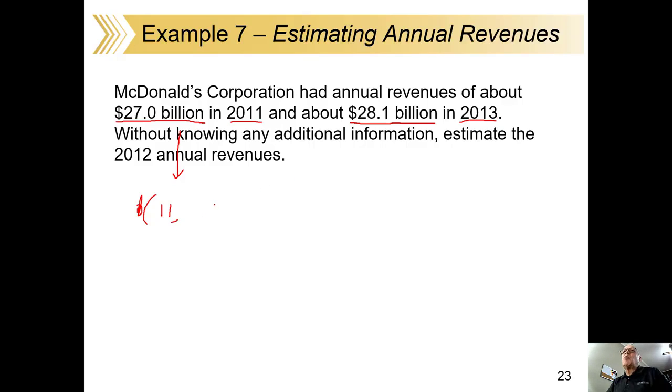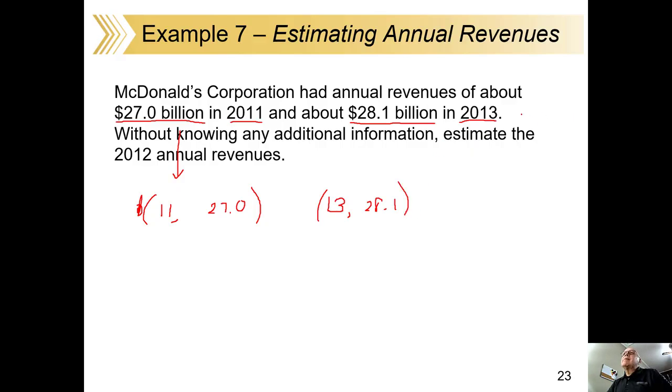So there's one ordered pair, 11 for 2011 and 27.0, and you've got a second ordered pair, 13 for 2013, and 28.1 for the second one.